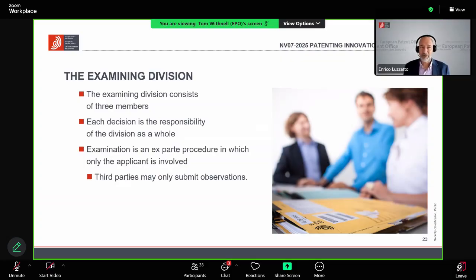The EPO always takes their observations into account. What does that mean? It does not mean that we necessarily agree with them, but we consider them, and we may change the course of examination in view of relevant prior art we were not aware of, or we may simply say thank you, but it doesn't add anything to what we already had. And in some areas, third parties are particularly important.